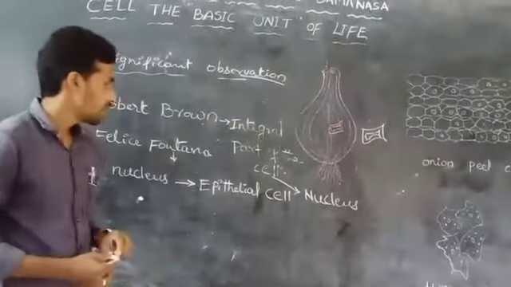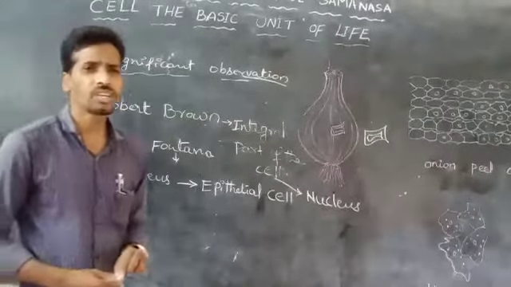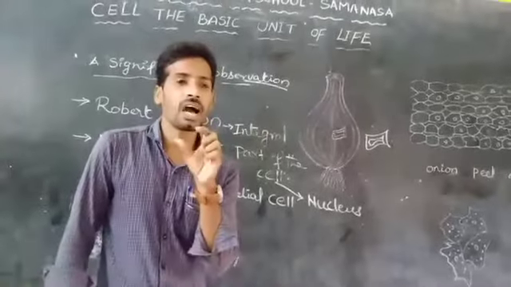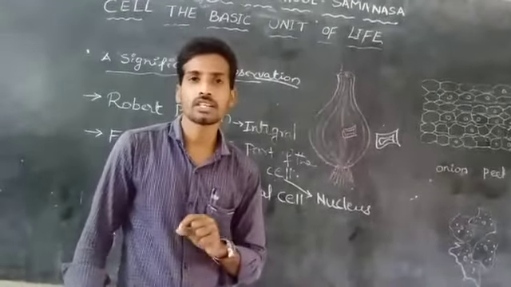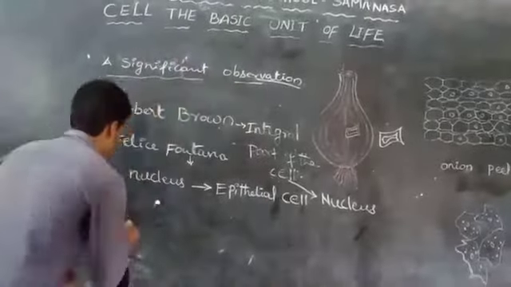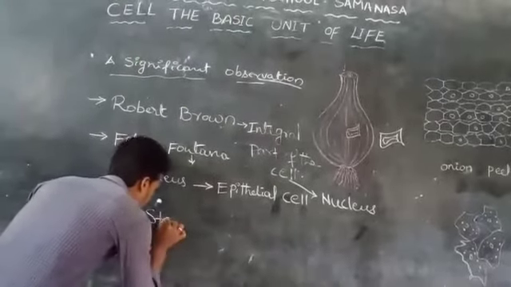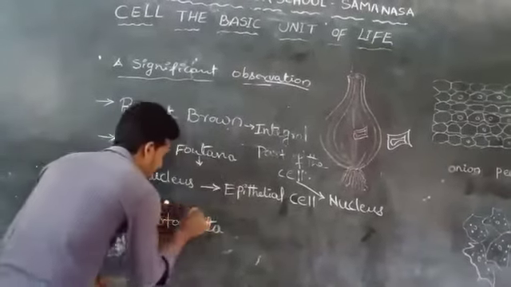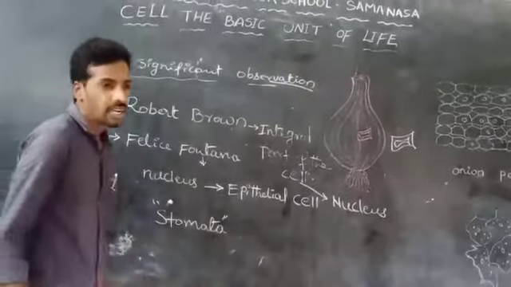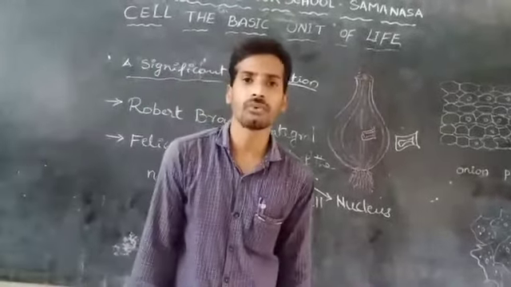Also Robert Brown found small apertures, small pores, called stomata. The stomata are useful or helpful.